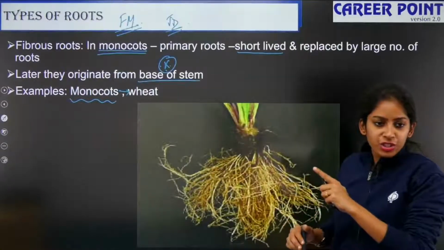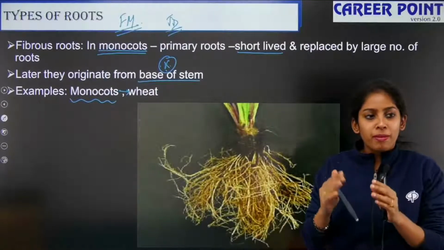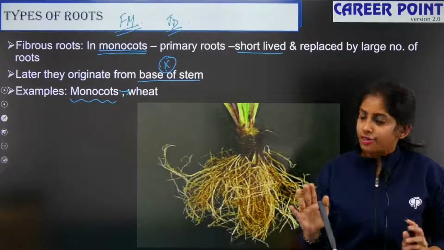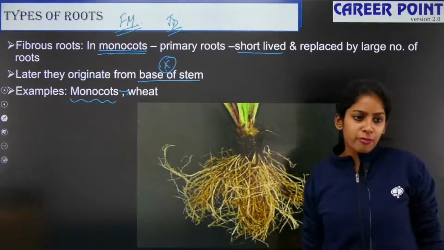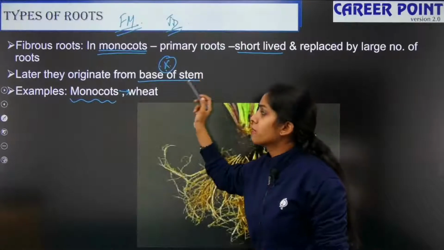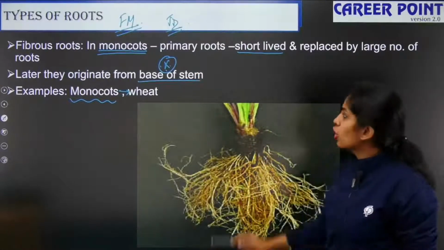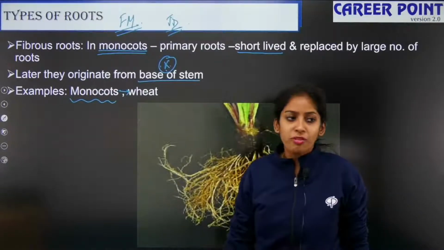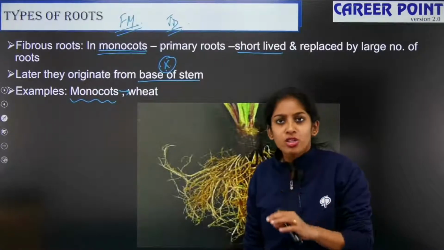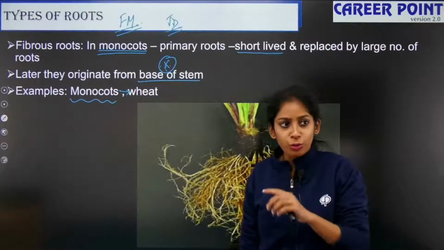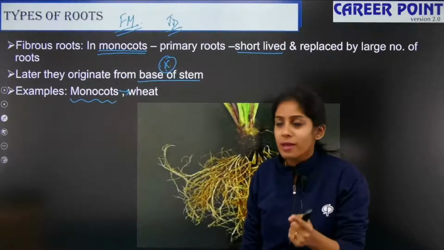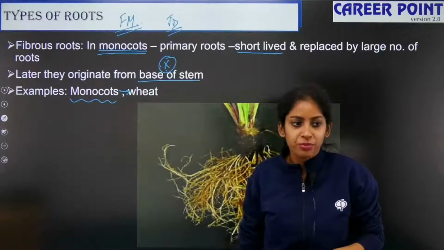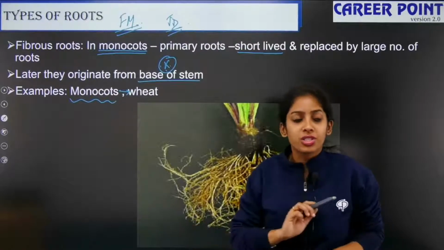So adventitious root is when it develops from parts other than the radicle. I agree. But here also, you said fibrous root arises from the base of the stem. But please note here it is getting replaced. It is not directly forming from the base of the stem. So here also you have primary roots, but your primary roots are getting replaced by roots from the base of the stem. So this and adventitious root are not the same.